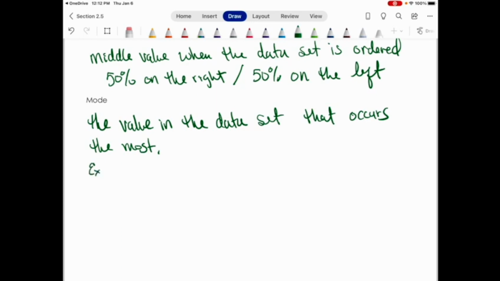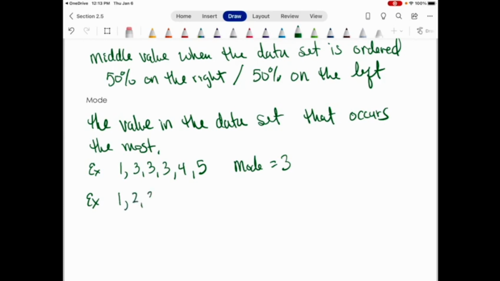Let's go through a couple quick examples. If I gave you a data set that looked like this, in this case, the mode would be 3, because that is the data value that occurs the most.